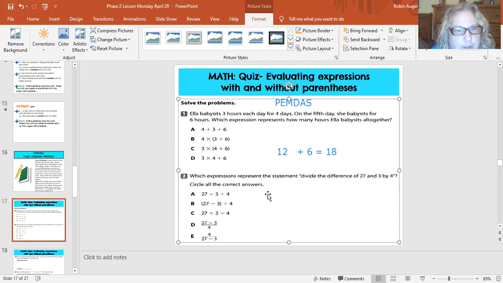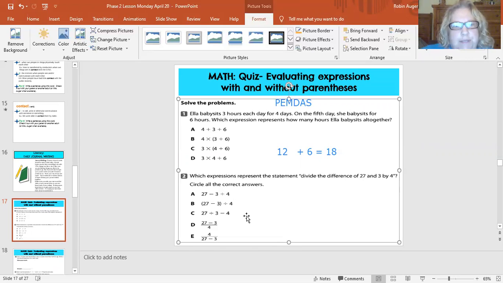So we would take 3 divided by 4, because of PEMDAS, right? PEMDAS is parentheses, exponents, multiplication, division, then add or subtract. And in this problem A, without the parentheses already there, we would say 3 divided by 4, and that's not going to make sense, okay?